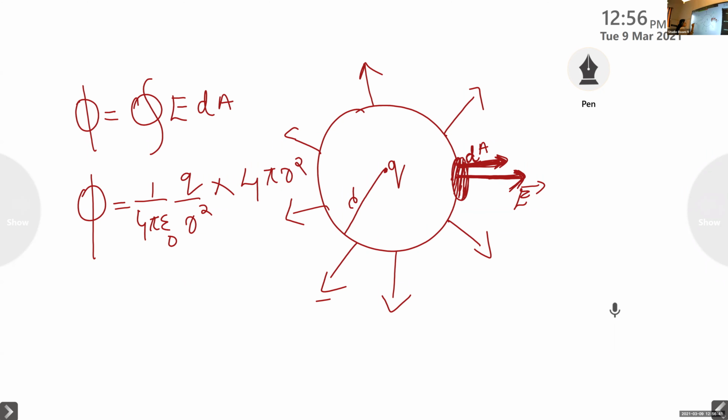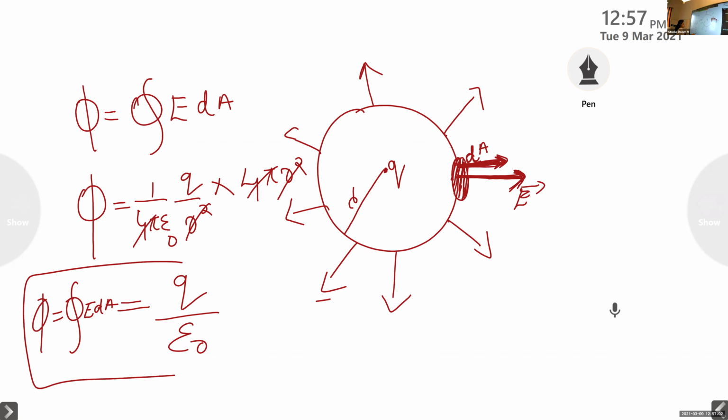We can cancel this 4 pi and this 4 pi, this r square and this r square. Then finally we get q by epsilon 0. So from this we prove the Gauss law. That is, phi is equal to the closed surface integral of E dA is equal to q by epsilon 0. Hence it is proved.